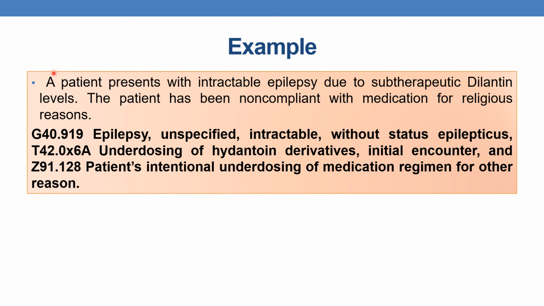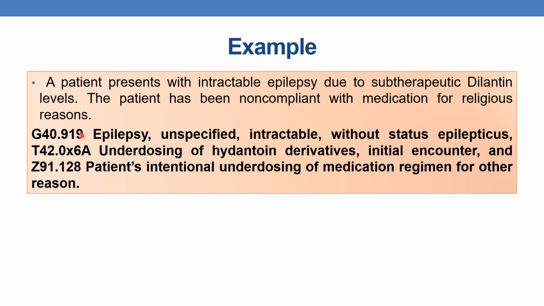Now let us see one more example. A patient presents with intractable epilepsy due to subtherapeutic, that is below the therapeutic levels, Dilantin levels. And the patient has been non-compliant with medication for religious reasons. Here also first you need to code the condition.